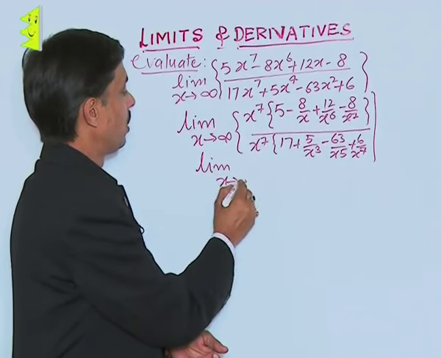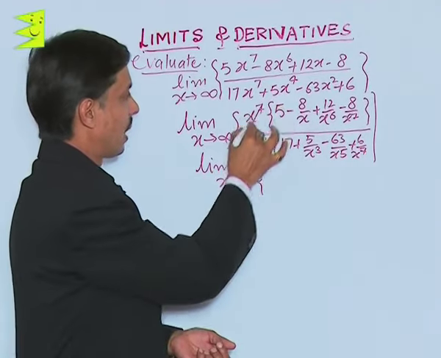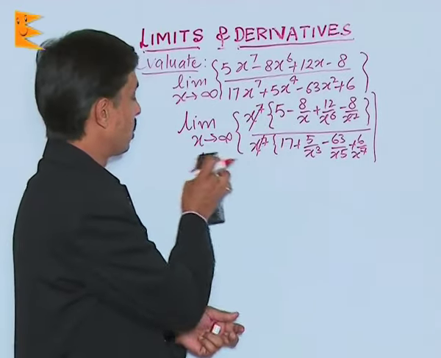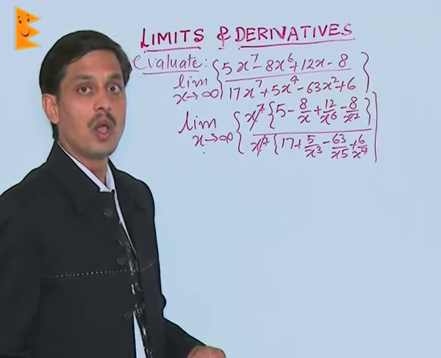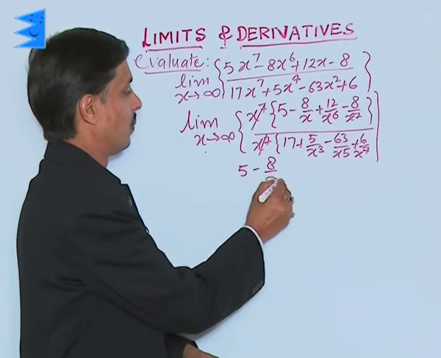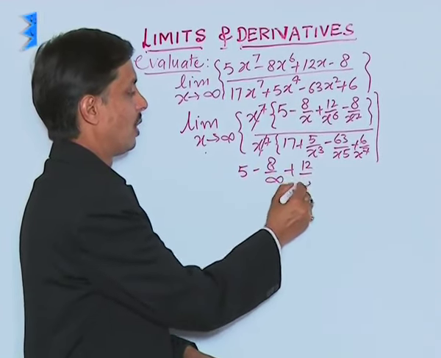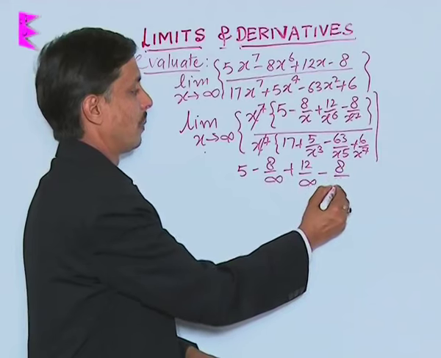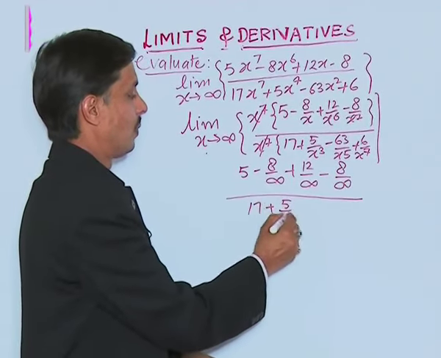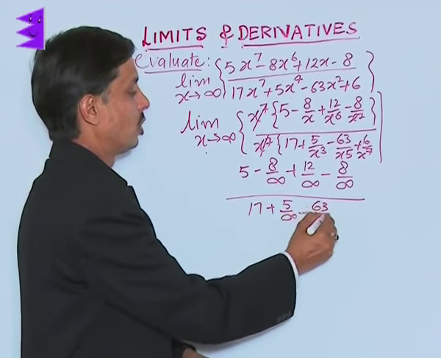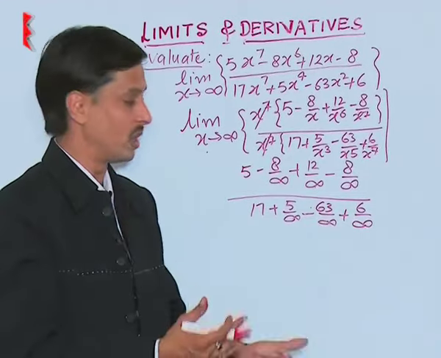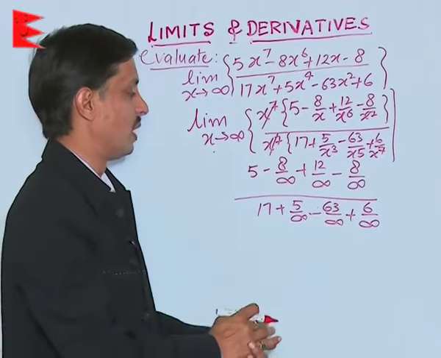So what is coming? In the limit x tending to infinity, x to the power 7 and x to the power 7 cancel, and if in place of x we put infinity, what will we get? We will get 5 minus 8 upon infinity plus 12 upon infinity minus 8 upon infinity, divided by 17 plus 5 upon infinity minus 63 upon infinity plus 6 upon infinity, because infinity squared is also infinity, whatever the power, it is infinity.